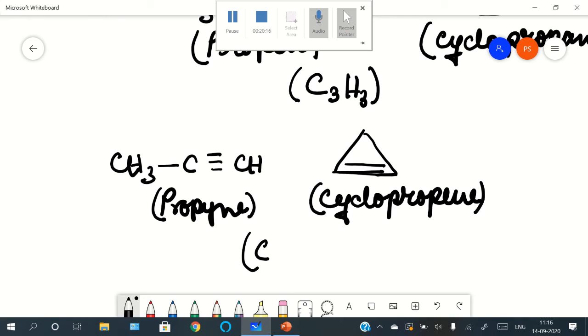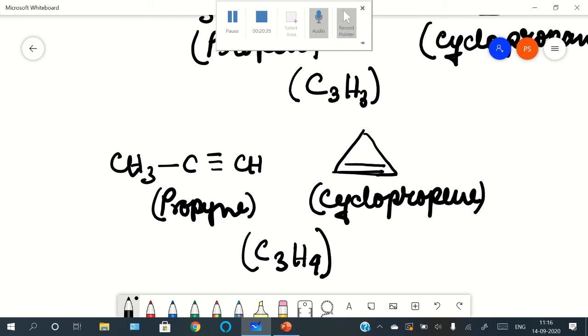Molecular formula of both of them is C3H4, but having different structure, one having a chain structure, another one having a cyclic structure.